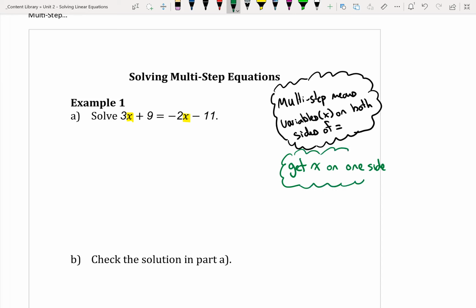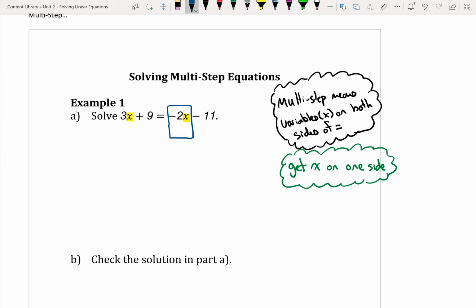Because we have the variables on both sides, if we're trying to solve for x, we need to get the x values on one side. So let's say I want to get rid of this negative 2x on this side. I don't want it over here.